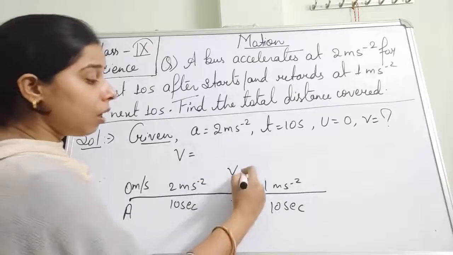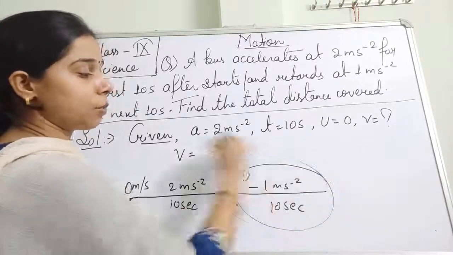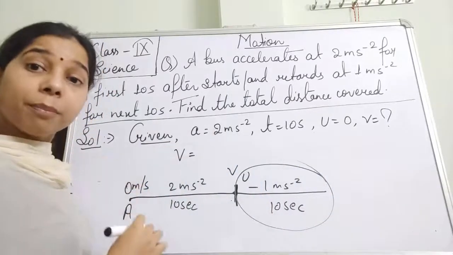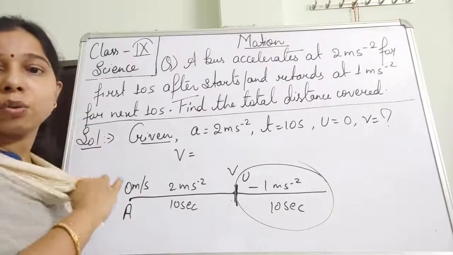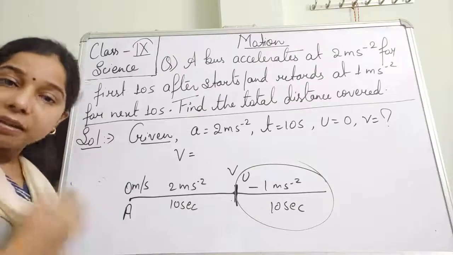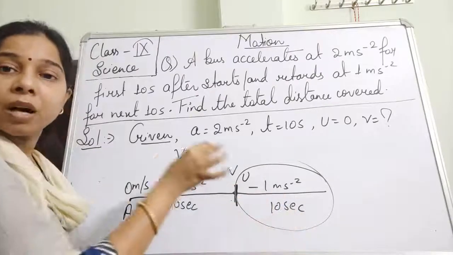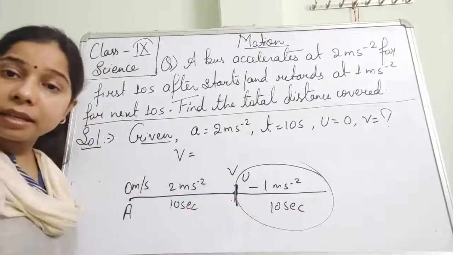So it will be the initial velocity for this one. And it is quite important to get that, because only if we know the initial velocity are we able to find the distance traveled by the bus in the next 10 seconds.